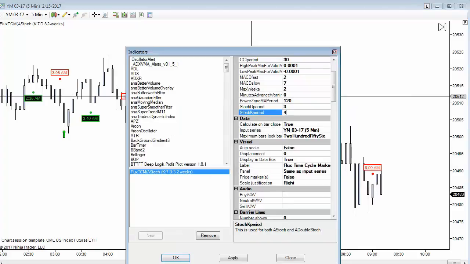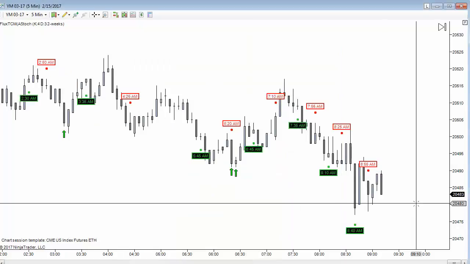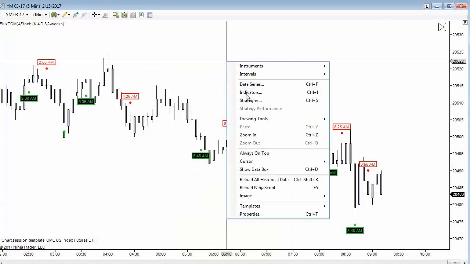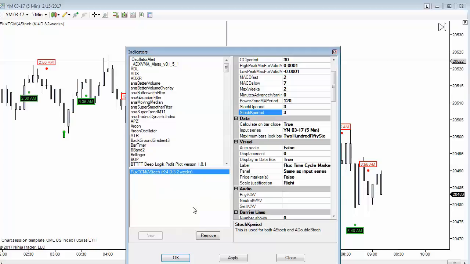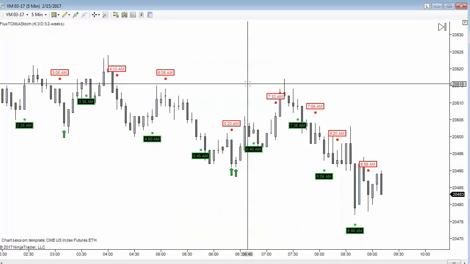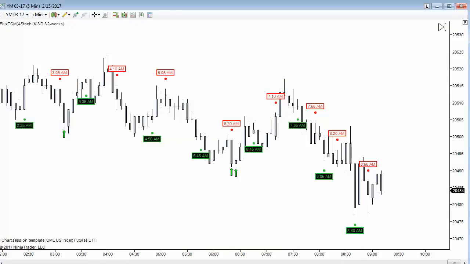3-5, break it. 3-4. 3-3. 3-2. 3-3 is almost too much. But look what happens at a 3-3. We catch almost every single high and low. You guys see that?